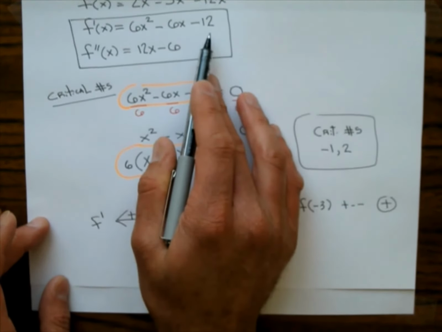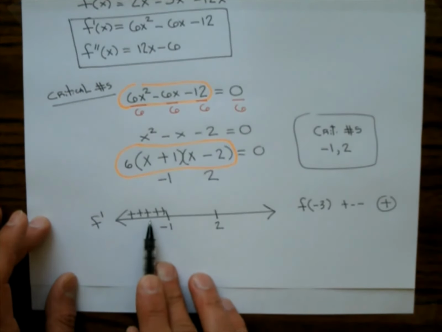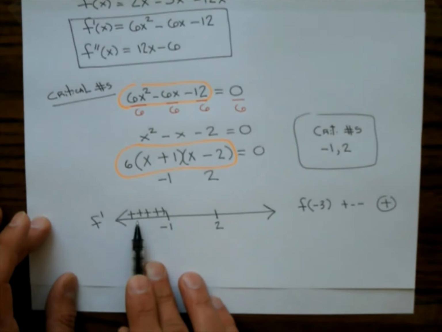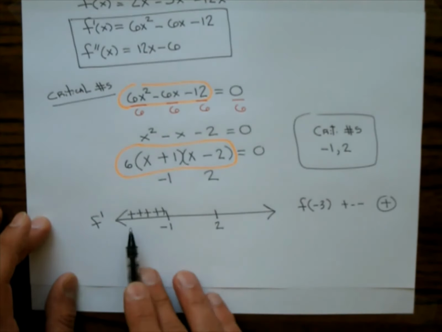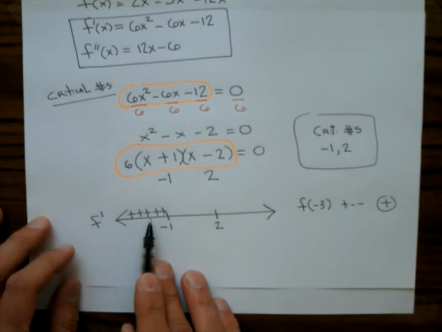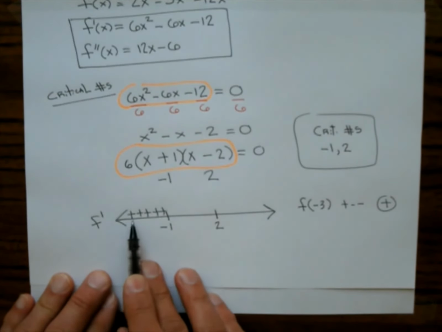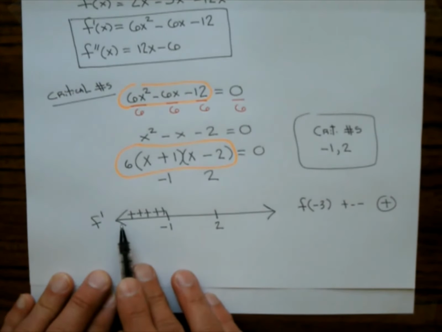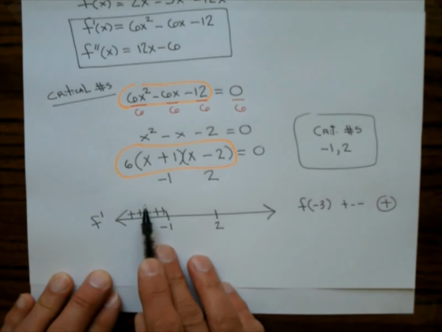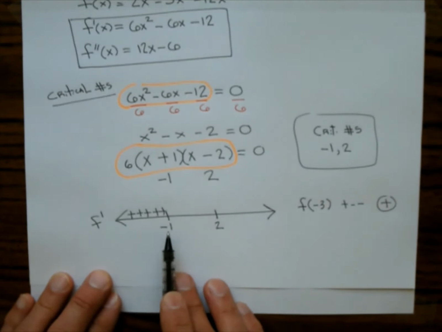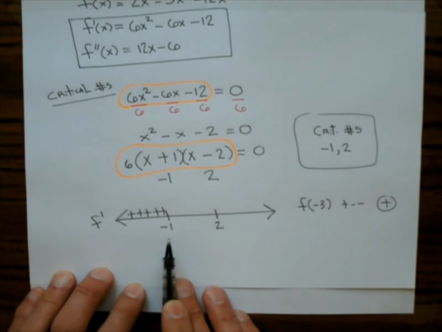But I want to stress the point that it doesn't matter. You just put a plus there. And this would have been the case if you had put f of negative 100 in, it would have been plus. So this tells us that the slope is positive, which means from negative infinity to negative 1, the graph is going up.